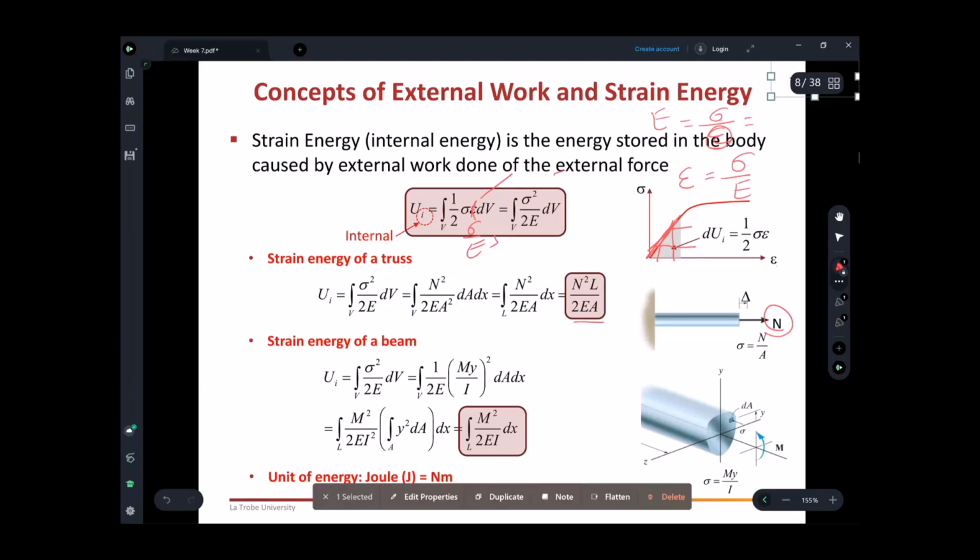That's the equations. If you have internal energy in the beam, you have basically this is the axial stress, when you pull the members in this direction, either compression or tension.